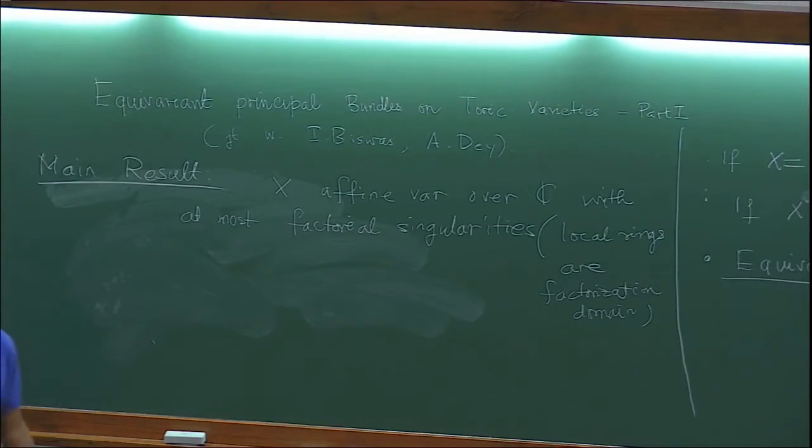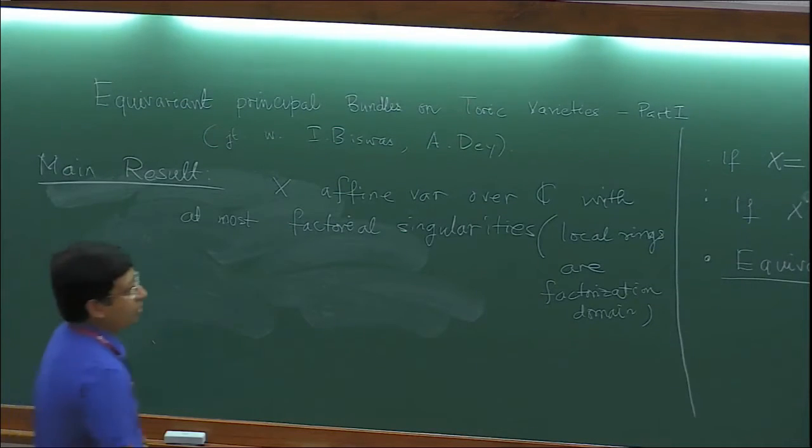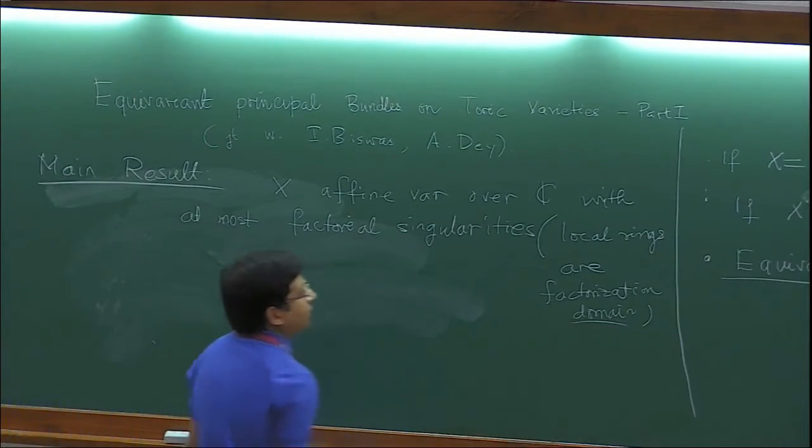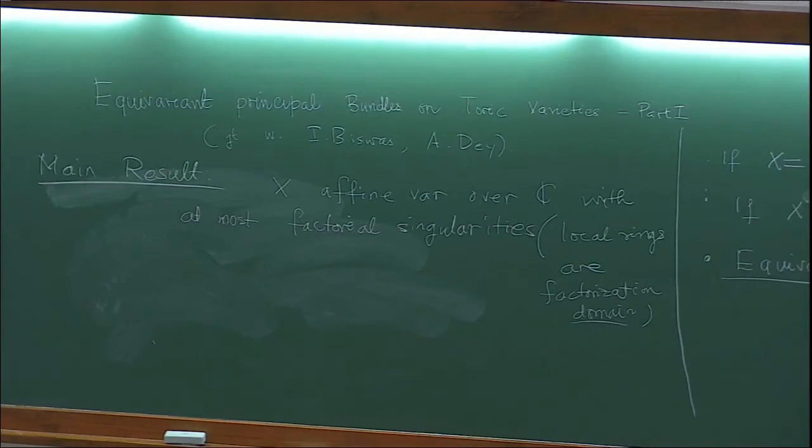That is necessary for the toric case. In the toric case, you don't have unique factorization. So that's the type of singularities we can have, but it covers the toric varieties.